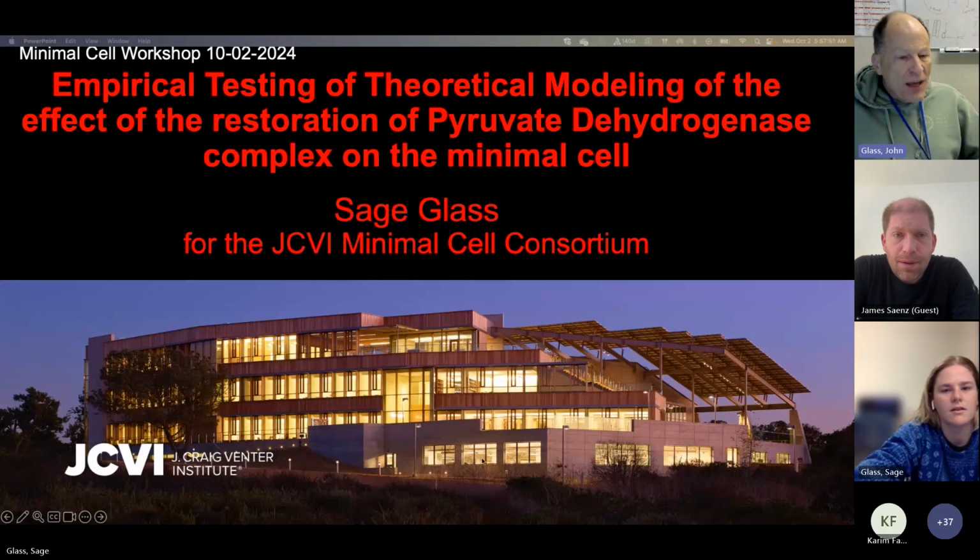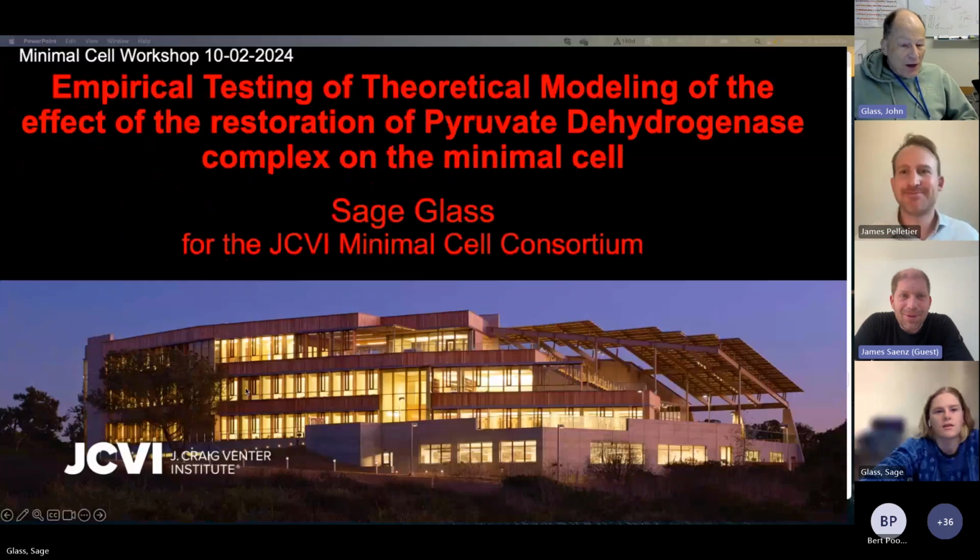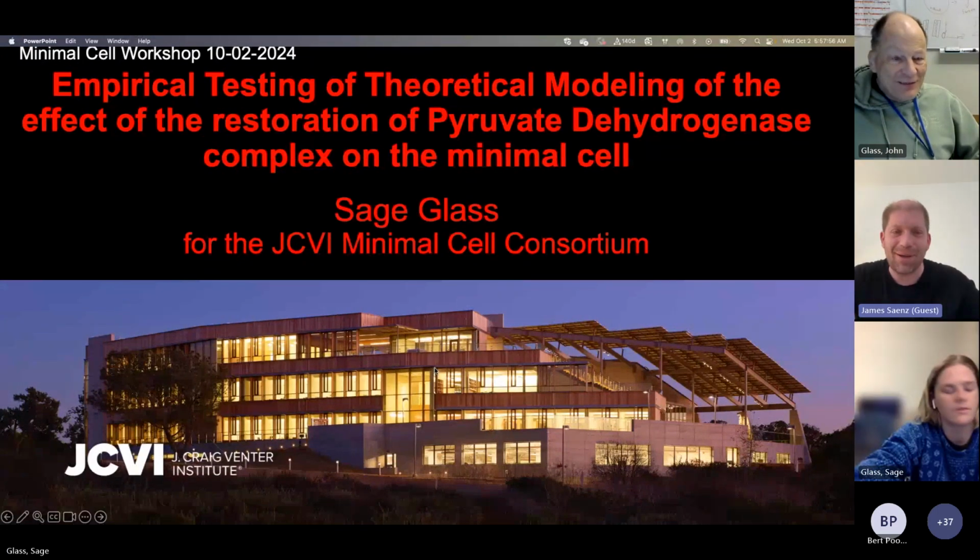Kareem and James, while we wait for Sage, regarding the systems that you talked about, if we could synchronize cells, and this is something that James Pelletier has been talking about, how would that possibly alter the way you approach things? Well, we can talk about this offline. If we can synchronize cells, that would be awesome.